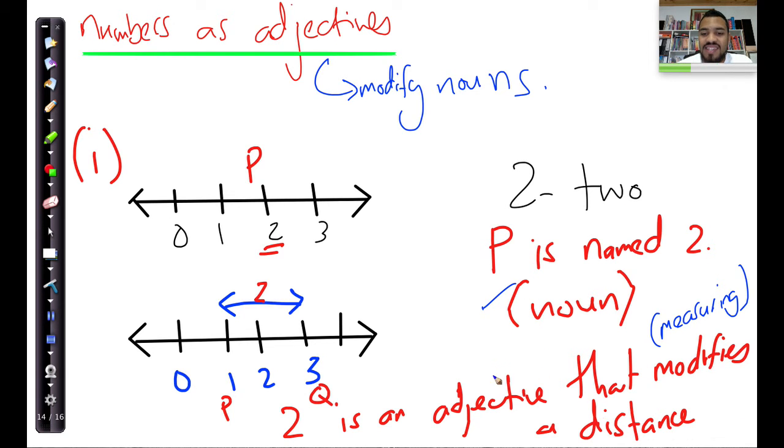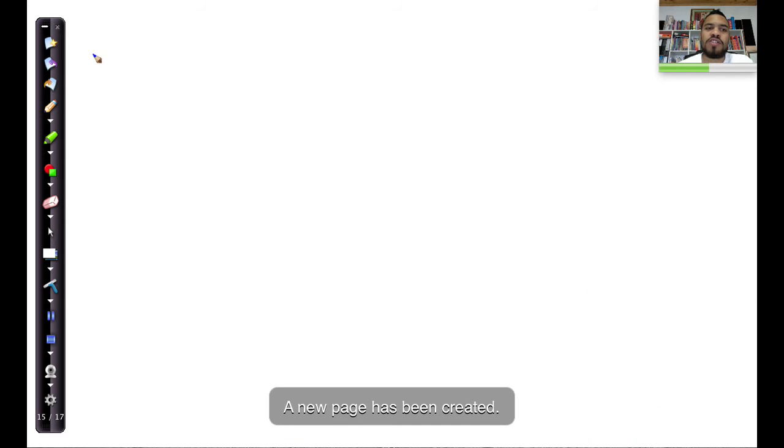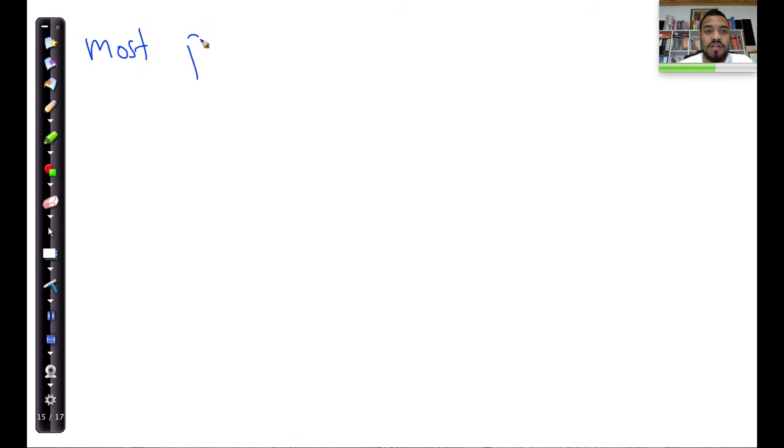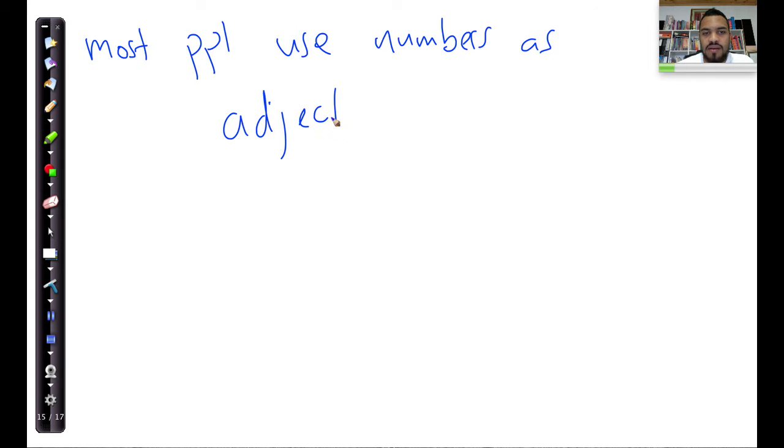Now I want to go on to the next page and see that most people use numbers as adjectives that modify nouns. So most people use numbers as adjectives, right?